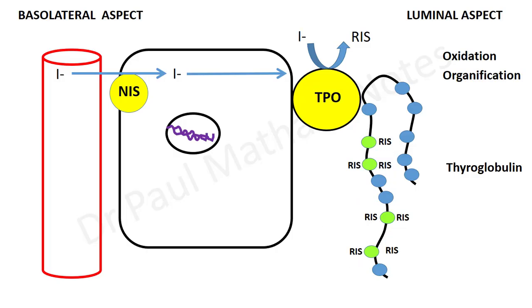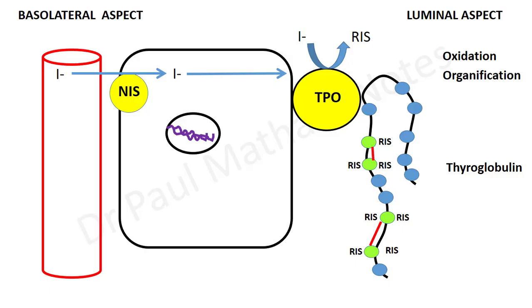The next thing that occurs is that adjacent molecules of diiodotyrosine can be linked together. Similarly, a molecule of diiodotyrosine can be linked to an adjacent molecule of monoiodotyrosine.